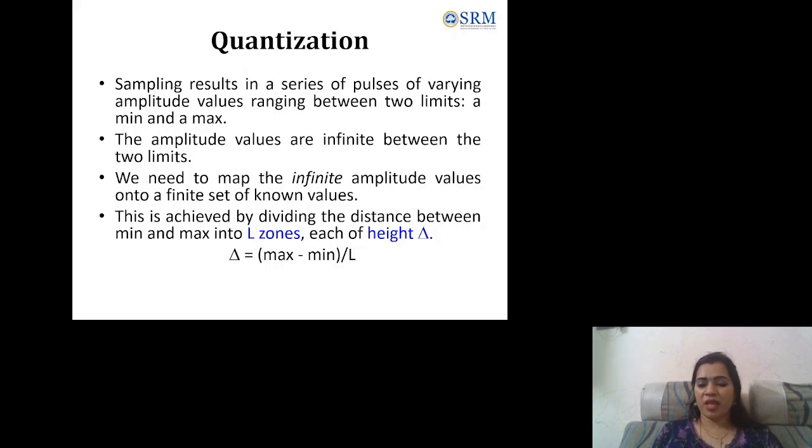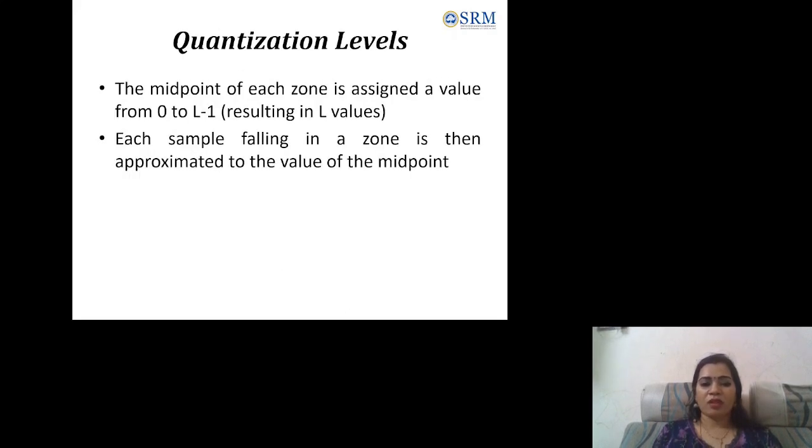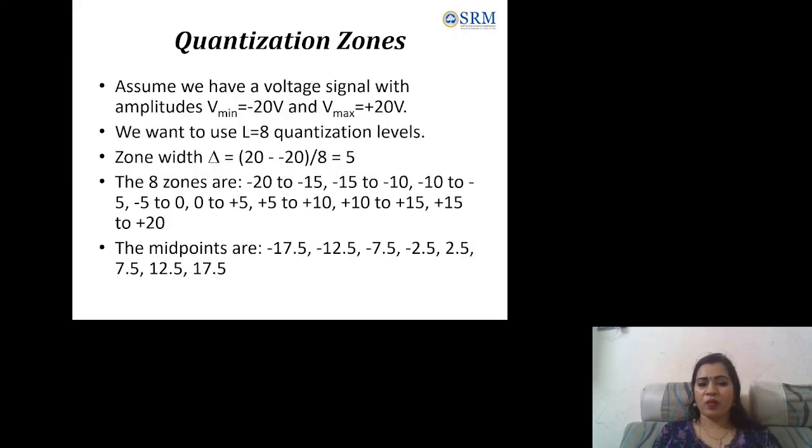Delta is equal to maximum minus minimum divided by L. Then the midpoint of each zone is assigned a value from 0 to L minus 1. Then each sample falling in a zone is approximated to the value of the midpoint.